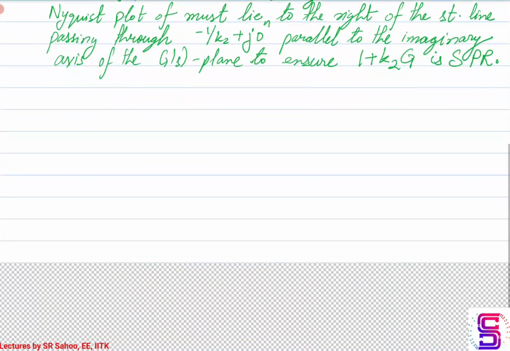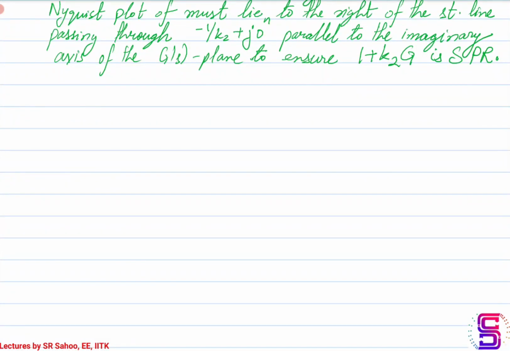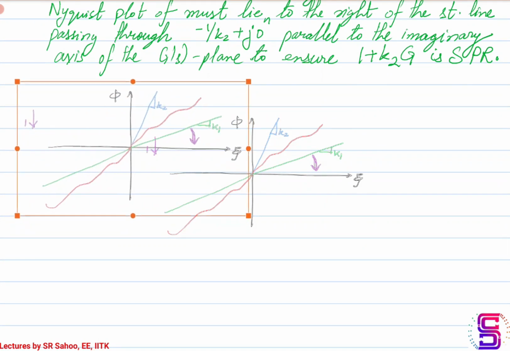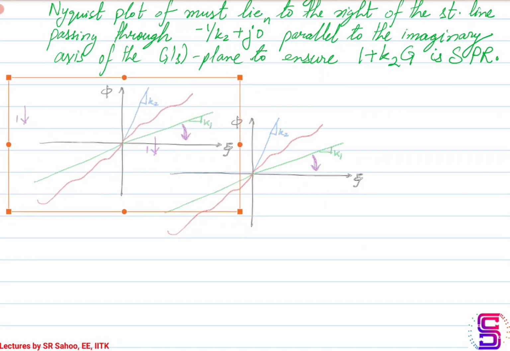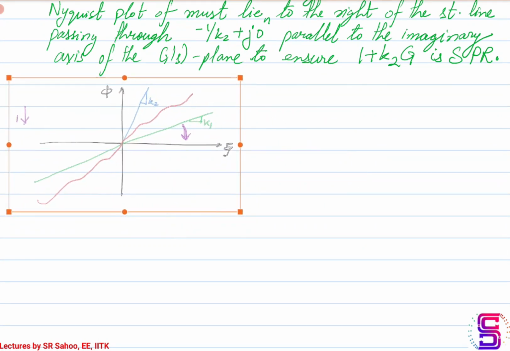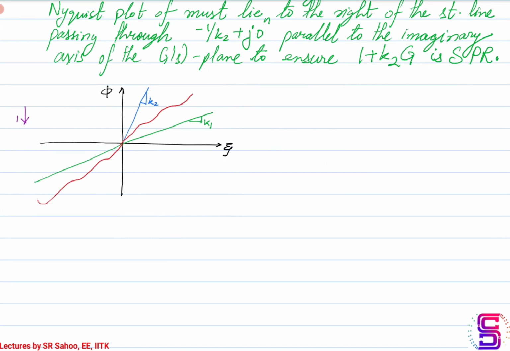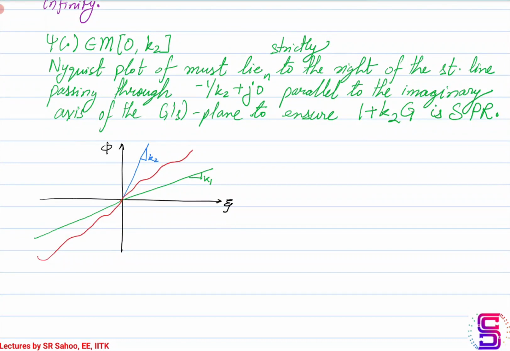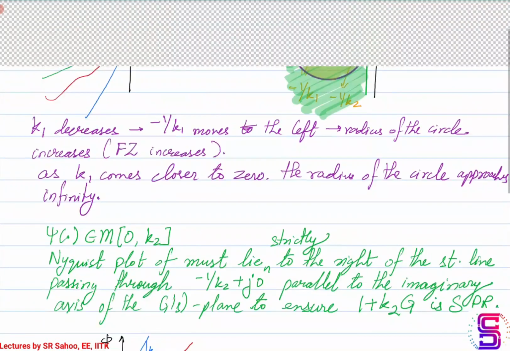Now let's say that we fix the value of k1 and change k2. Okay, so let us have that circle again and see what happens.